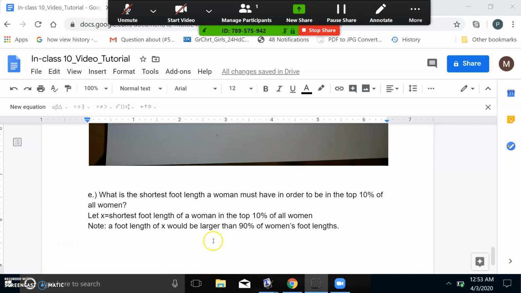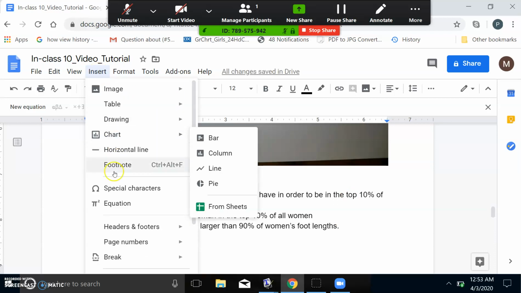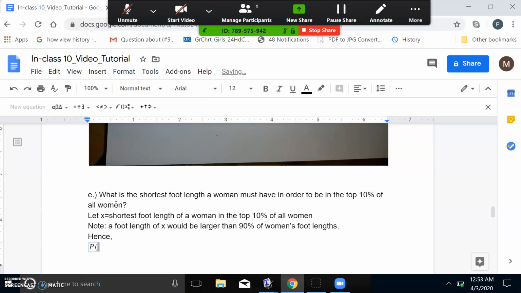Okay, so it follows that the probability that X is less than or equal to small x will equal 0.9.